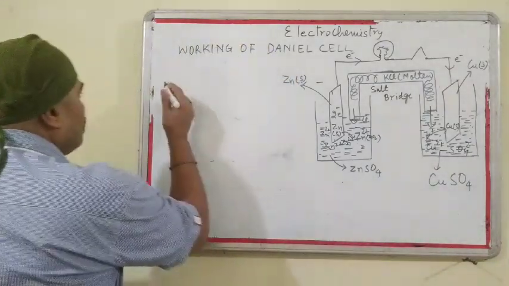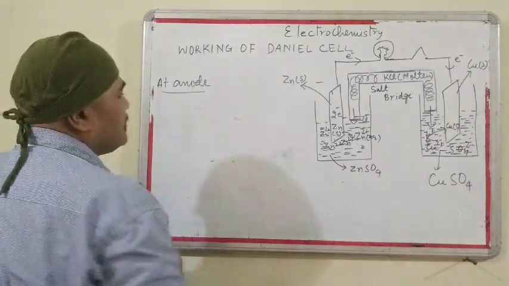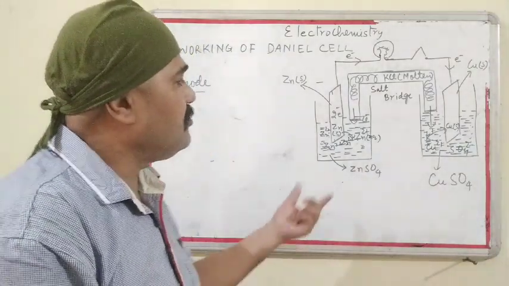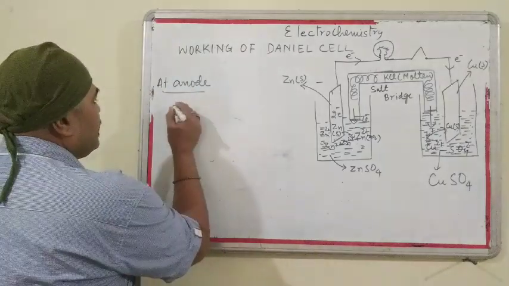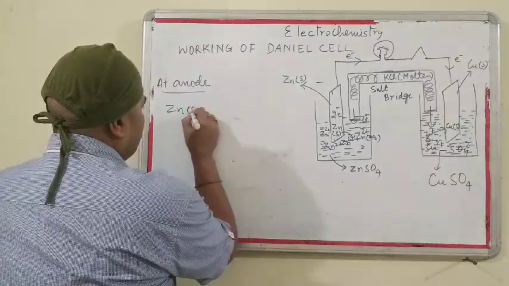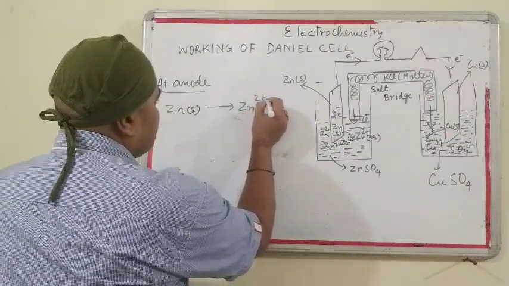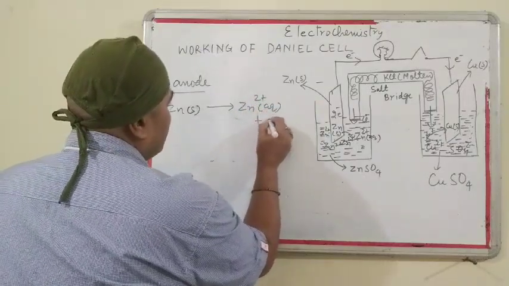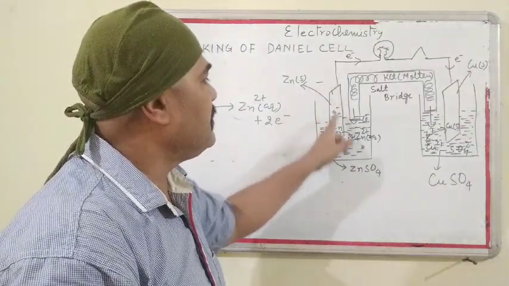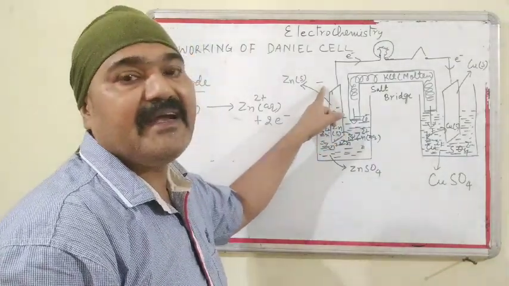First we are going to see which reaction is happening in the left section, at the anode. Very simply, the zinc metal from the solid state converts into Zn2+ aqueous ions by losing 2 electrons. These 2 electrons make this metal strip negative. That's why it is called the negative terminal.